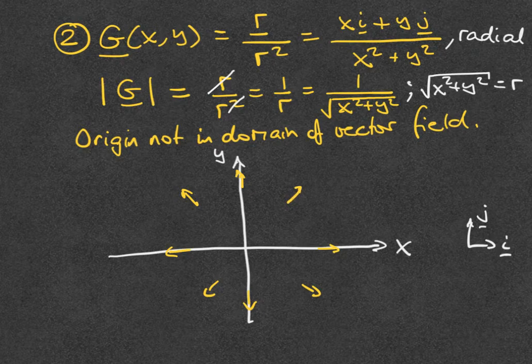Okay. And if I come in closer, say down to here, I'm going to have arrows as well, but they're going to be significantly longer. So let me just try to draw some of those in. Like this.